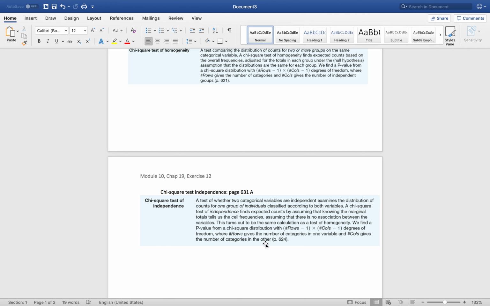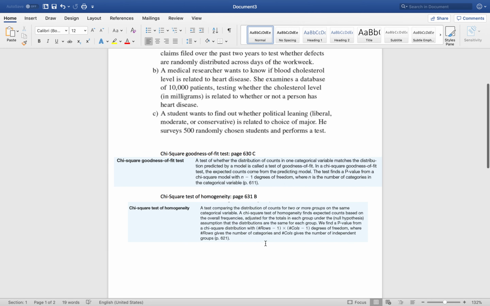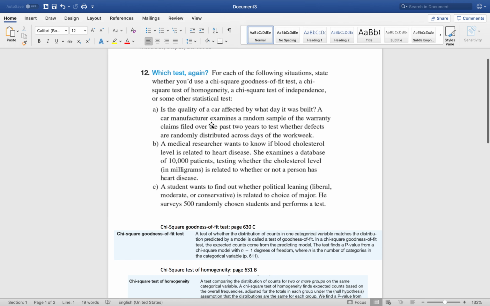Assuming that there is no association between the variables, this turns out to be the same calculation done as homogeneity. We find a p-value from a chi-square distribution with rows minus 1 times columns minus 1 degrees of freedom, where rows give the number of categories in one variable and columns give the number of categories in the other. Okay, so after figuring out all of the definitions, I'm going to now start with A.